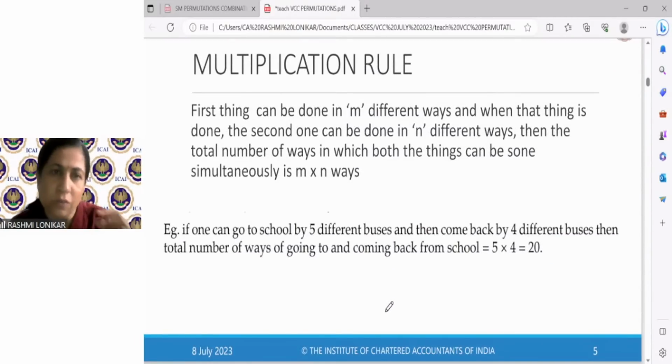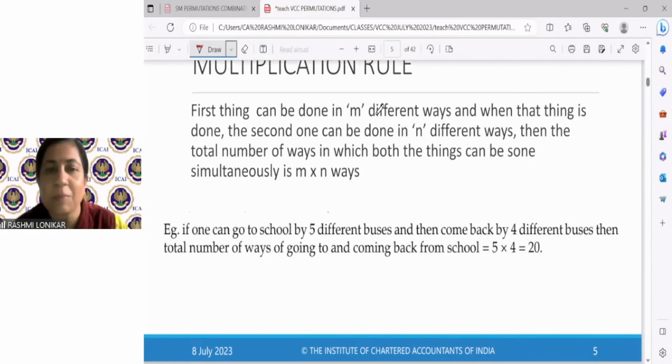Apart from the golden rule, we're going to talk about the multiplication rule, which is the simplest rule that we all know about. Suppose the first thing can be done in m different ways, and when that thing is done, the second one can be done in n different ways, then the total number of ways in which both things can be done, not simultaneously, is m into n ways.